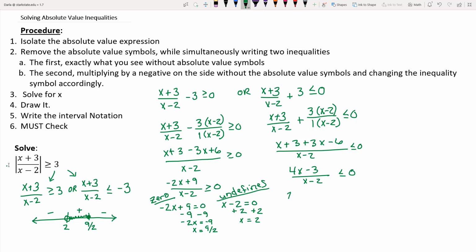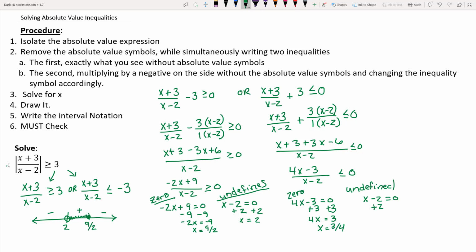We're going to be 0 when 4x minus 3 equals 0, and we're going to be undefined when x minus 2 equals 0. So I'm going to go ahead and add 3 to both sides. 4x is 3, divide by 4 on both sides. x is 3/4 is a 0.